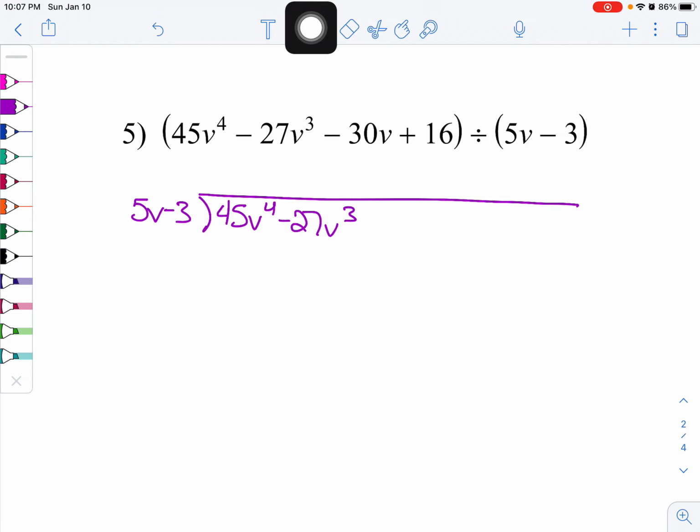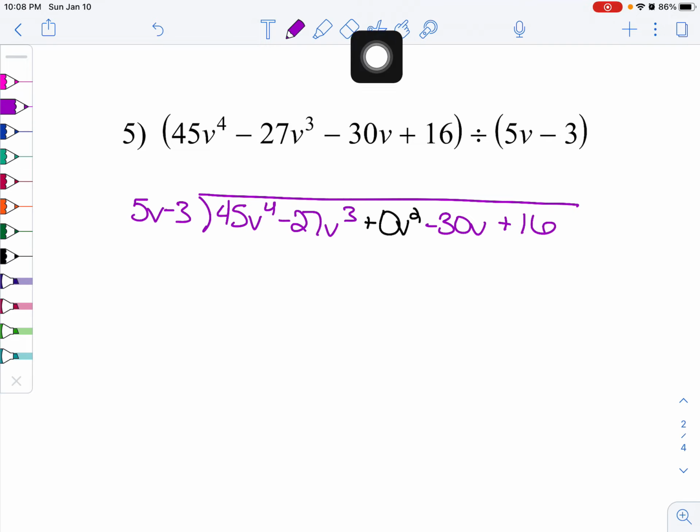Now, I don't have a v squared term, so I am going to add 0v squared as a placeholder, right? Because if this is times by 0, that becomes 0, and adding 0 doesn't do anything. So this is just a placeholder so that when we're stacking things up, it works into the problem. And then we've got minus 30v and then plus 16.